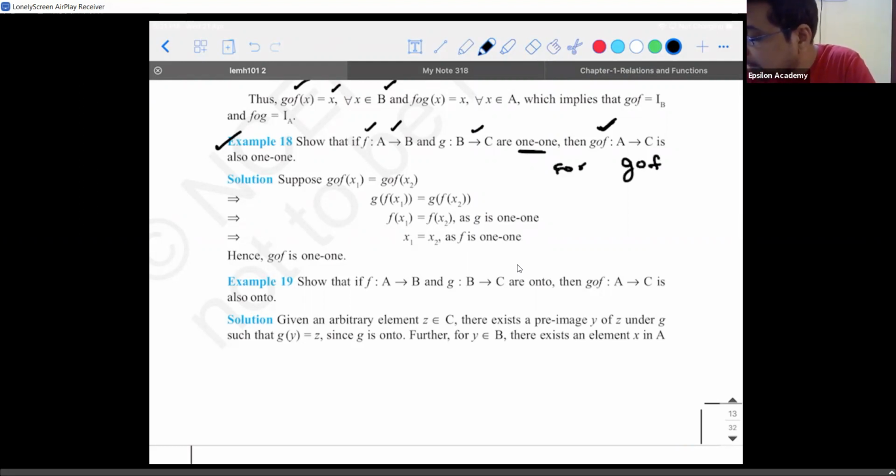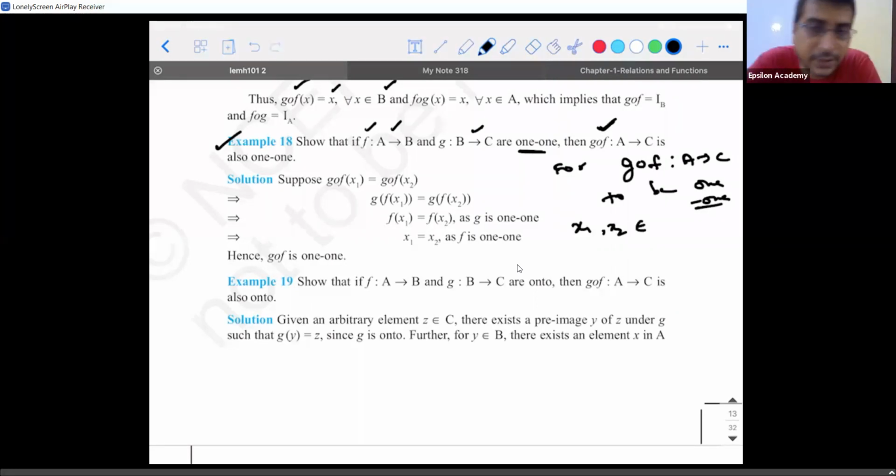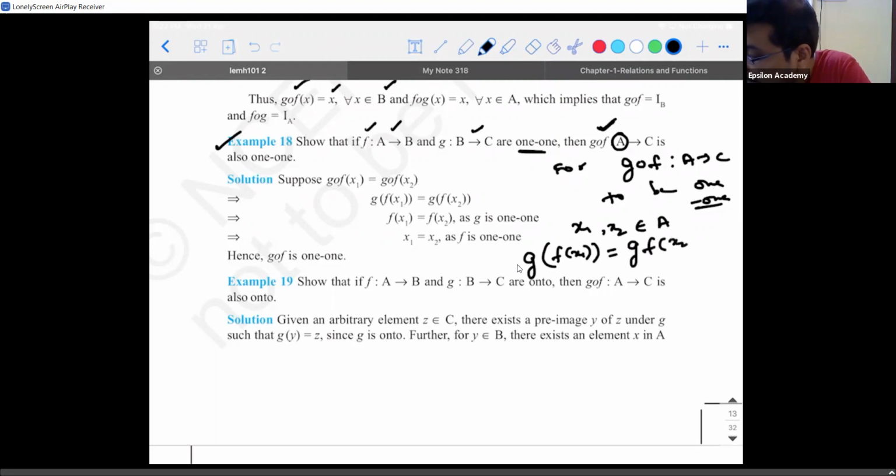For g circle f mapped from A to C to be 1 to 1, listen to this carefully. What am I supposed to do? I need to take two elements x1, x2 which belong to set A. Now, g of f of x1, I assume it to be g of f of x2.